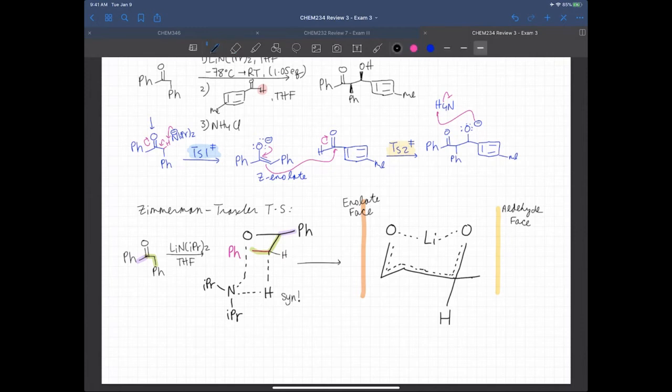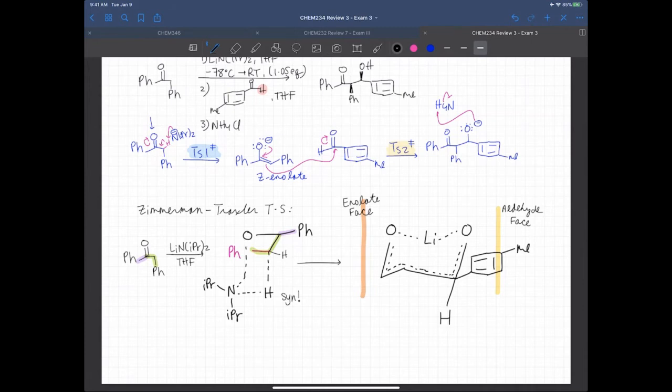So you know that the other substituent has to be my benzene right here. Okay, so we have done the aldehyde phase.